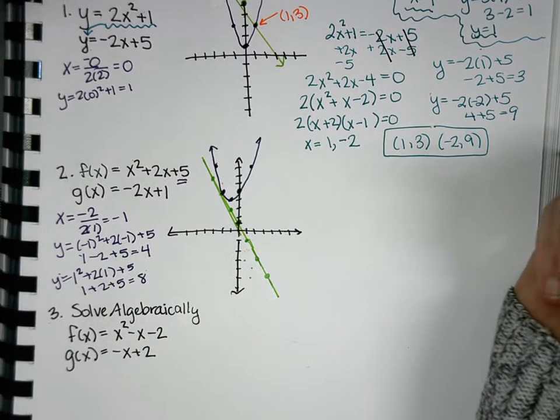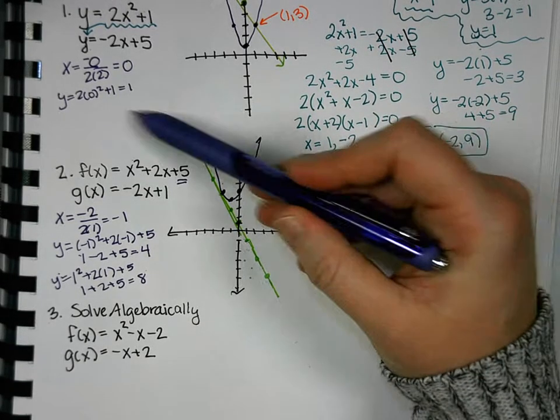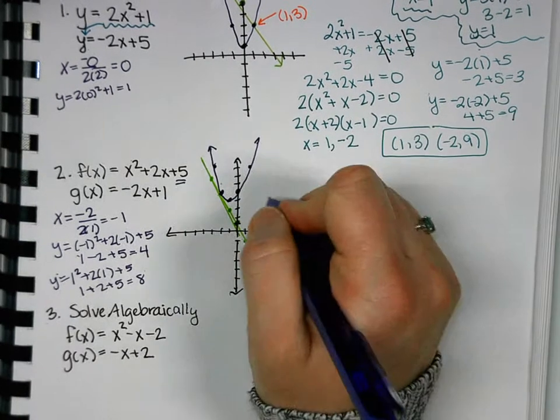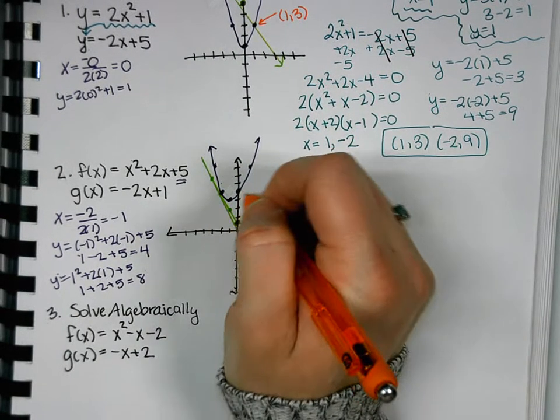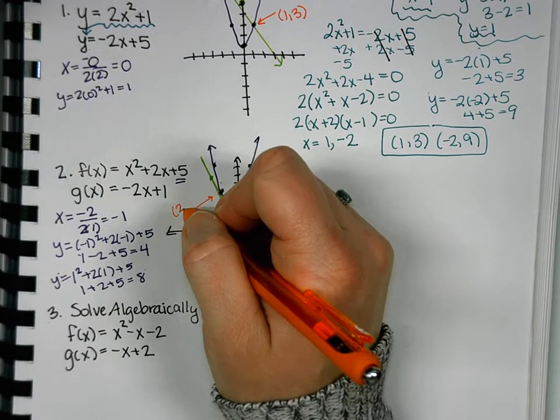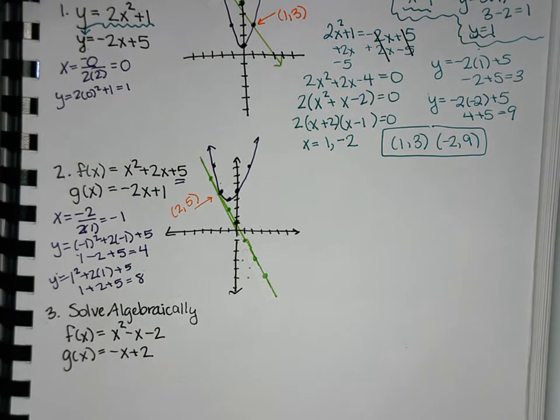Not really. Because this is going to keep growing further away this way, and this is going to keep growing upward. So in this one, we only ended up with one solution, which can also sometimes happen. And that one solution was at negative 2, 5. Negative 2, 5, thank you for that.